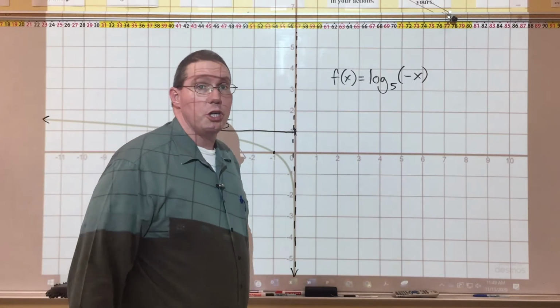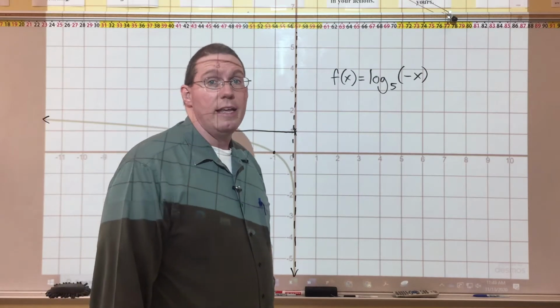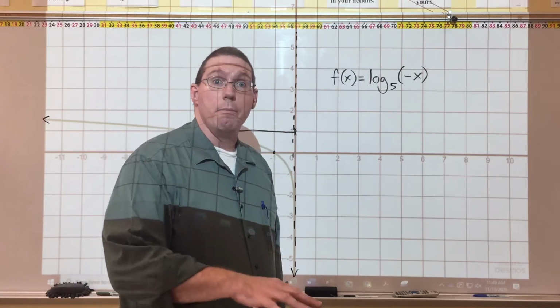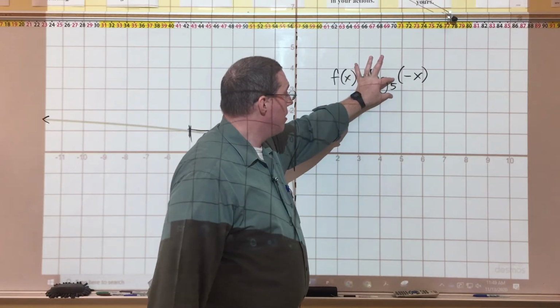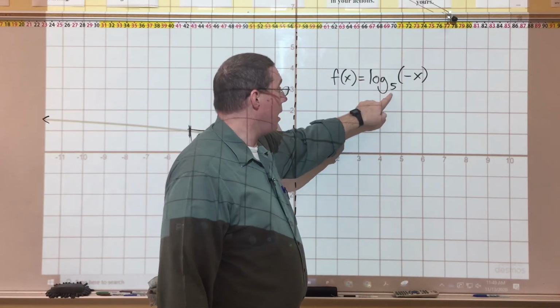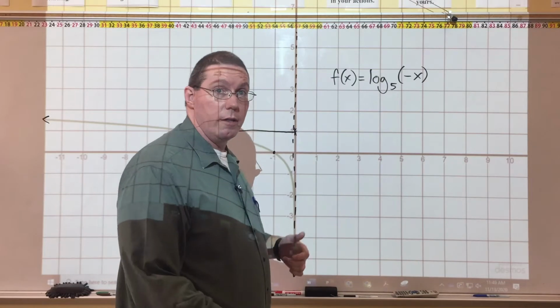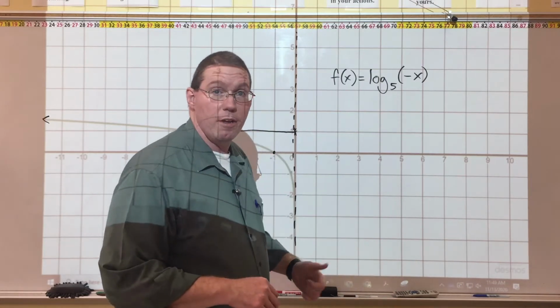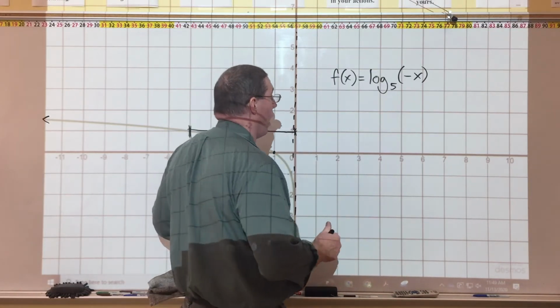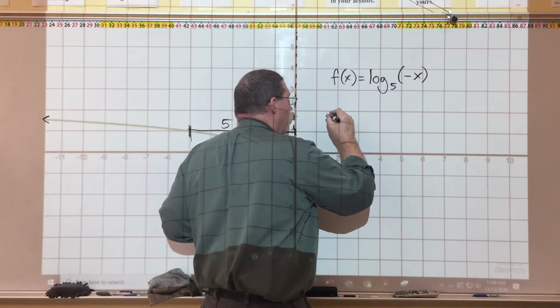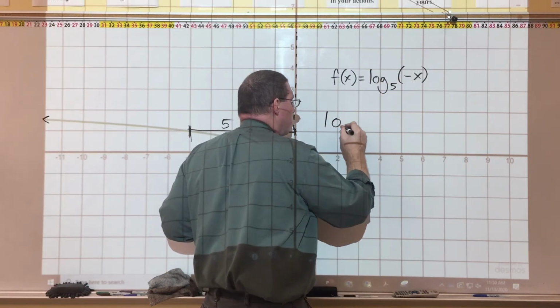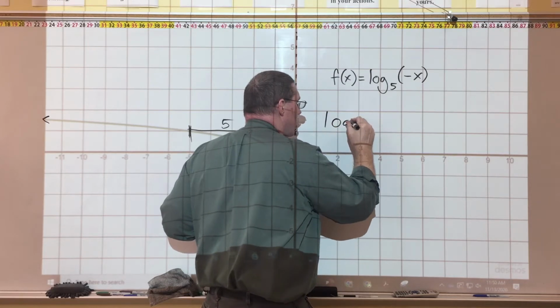Now I want to show you how you would enter this into a computer. Let's say you don't have access to subscript. See this 5? It's tiny and it's down by the bottom of the G. In some programs you have a subscript, but in many programs you do not. So let me show you how you would enter log base 5. You type LOG.